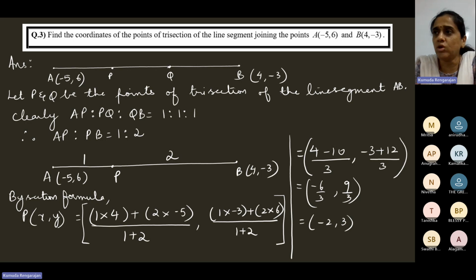Then once you find the coordinates of Q, P is the midpoint of AQ. Then you can use the midpoint formula to find the coordinates of P. Or you can use 1:2 ratio for finding P and 2:1 ratio for finding Q also.